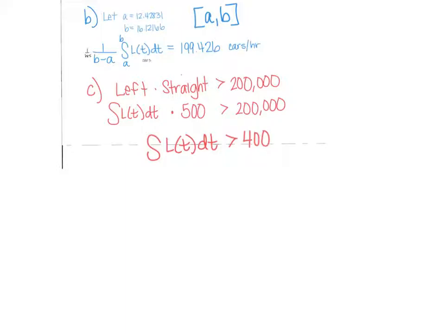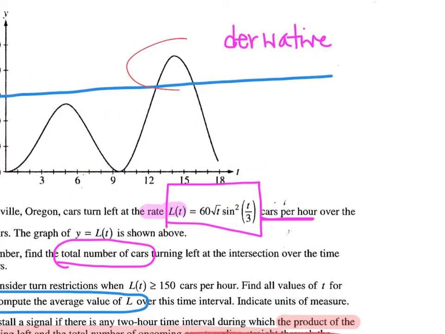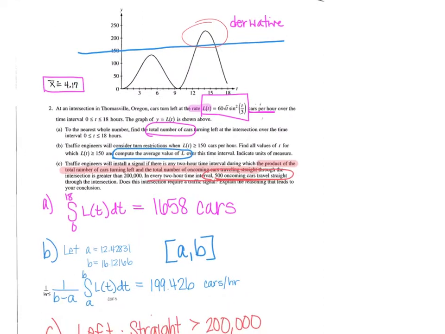So that's what we have to look for, and I would find two values. Well, don't you agree that the highest values occur somewhere here? And we already know that that intersection is 12.4 to 16.1. So let's use a 2-hour time interval there.